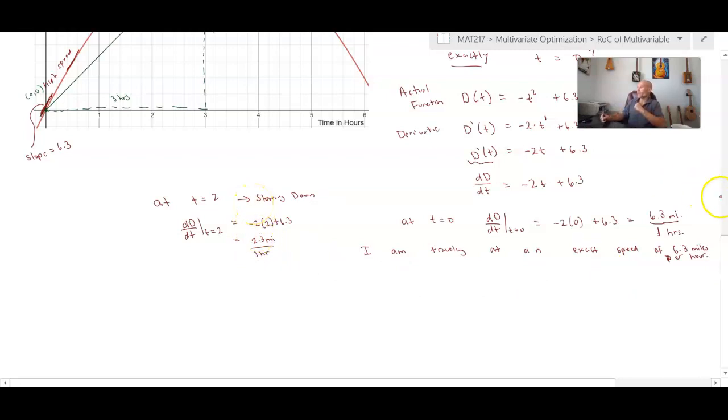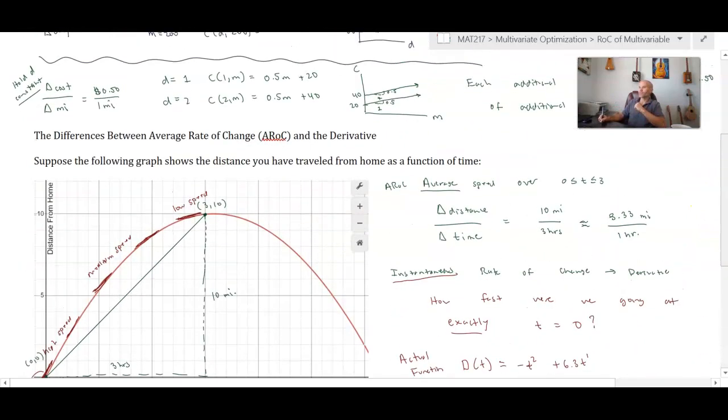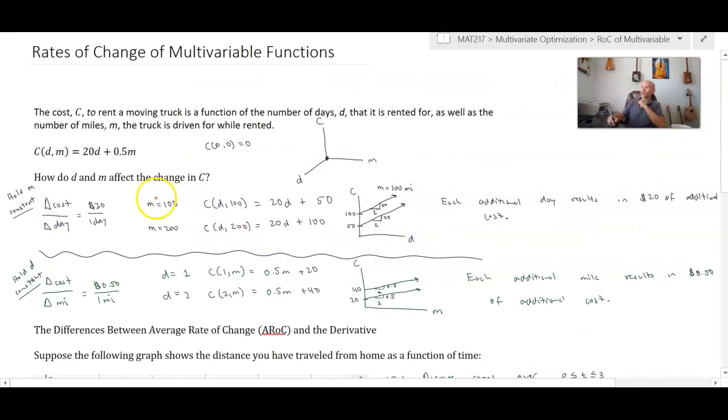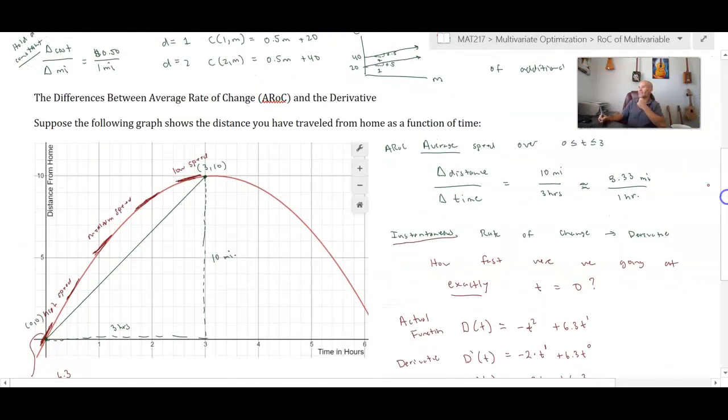And so anyway, the theme of all of this is that we are able to talk about the rate of change of a function based upon holding something constant in the multivariable realm. We looked at the idea of what's the difference between an average rate of change and an instantaneous rate of change, and what we ultimately want to go with is the idea of a derivative.